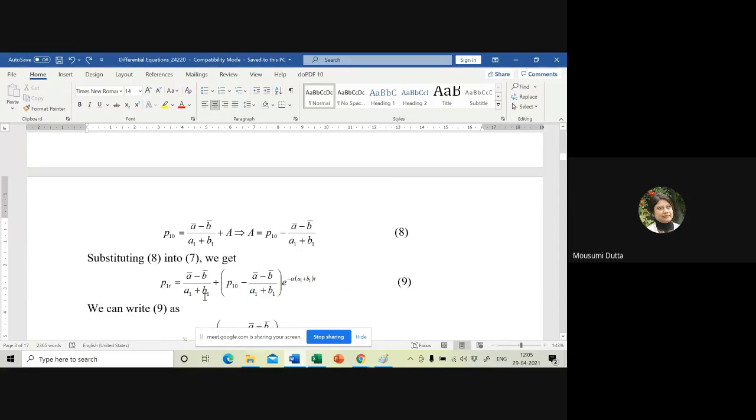That is the first part as it is, plus this entire part within the bracket we can keep as numerator, and we can bring the e to the power alpha into A1 plus B1 into T in the denominator. We can do this because it is e to the power minus something, so I can write it as 1 upon e.